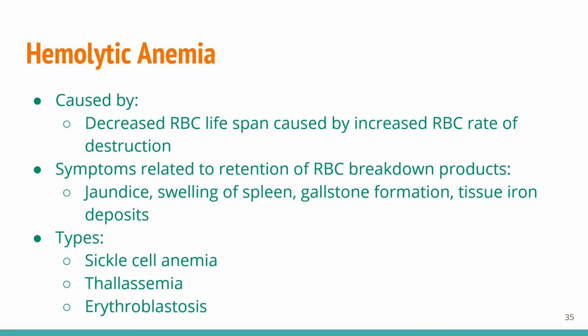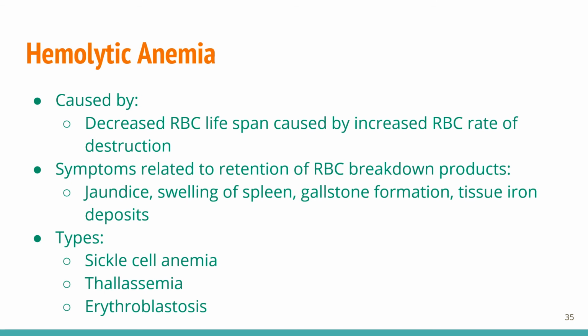So we're not done with the anemias yet, guys. So hang on in there. All right, so hemolytic anemia. When you think of the ending lytic, hemo is obviously blood, and lytic is like lysis, like destruction.